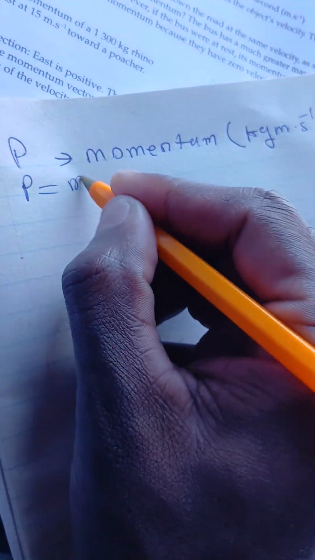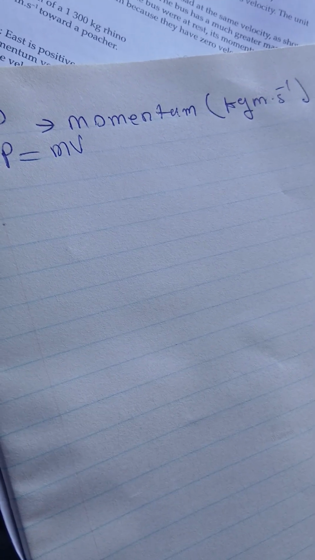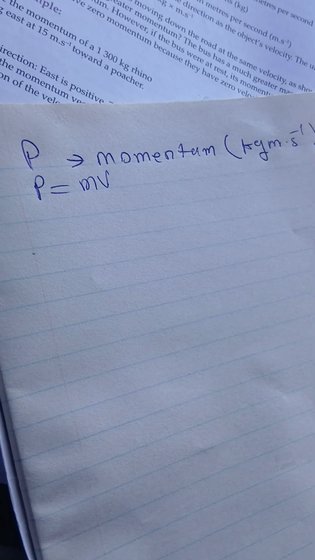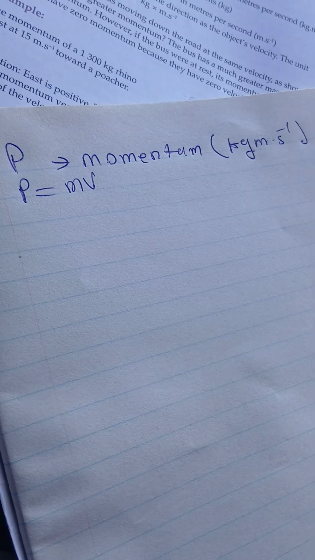Momentum is equal to mass multiplied by velocity, where m stands for mass in kg and v stands for velocity in meters per second. If you are having trouble with this, you can check the previous video. Momentum is the product of mass and velocity of an object. Therefore, because it's the multiplication of mass and velocity, the SI units of momentum will be kg·m/s.